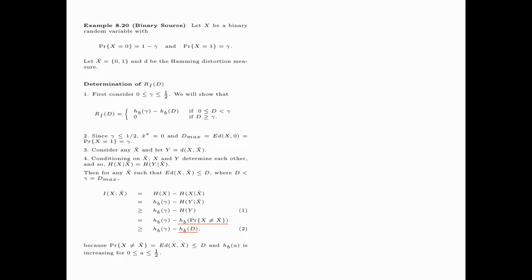Thus, we have shown that for any X hat such that the expectation of d(X, X hat) is less than or equal to D, the mutual information between X and X hat is greater than or equal to h_b(gamma) minus h_b(D). Therefore, R_I(D), which is the minimum of the mutual information between X and X hat for all such X hat, is greater than or equal to h_b(gamma) minus h_b(D).